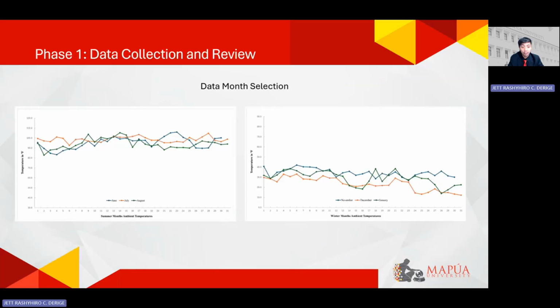So for phase one, the selected sample would be from the temperature extremes found within the year for both seasons, summer and winter. So for summer, it would be August, and for winter, it would be December. So it shows the hottest in average for both temperature extremes.